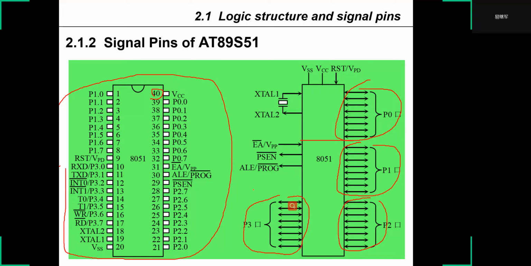Every port has 8 pins. This is the pins for the power source. Here is for the crystal. Here is for memory.